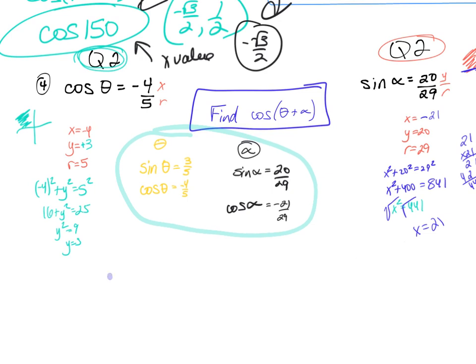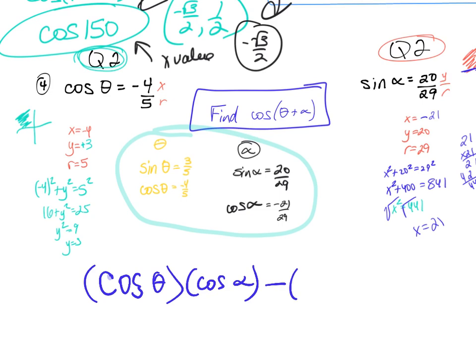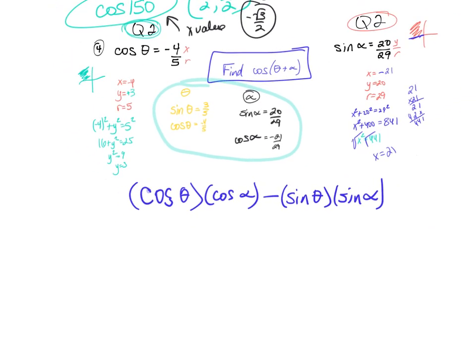Our cosine formula is going to be cosine theta times cosine, right? If I'm adding them, what goes in the middle? Subtract for our formula, sine theta, sine fishy. So now just take your fractions and plug them in.